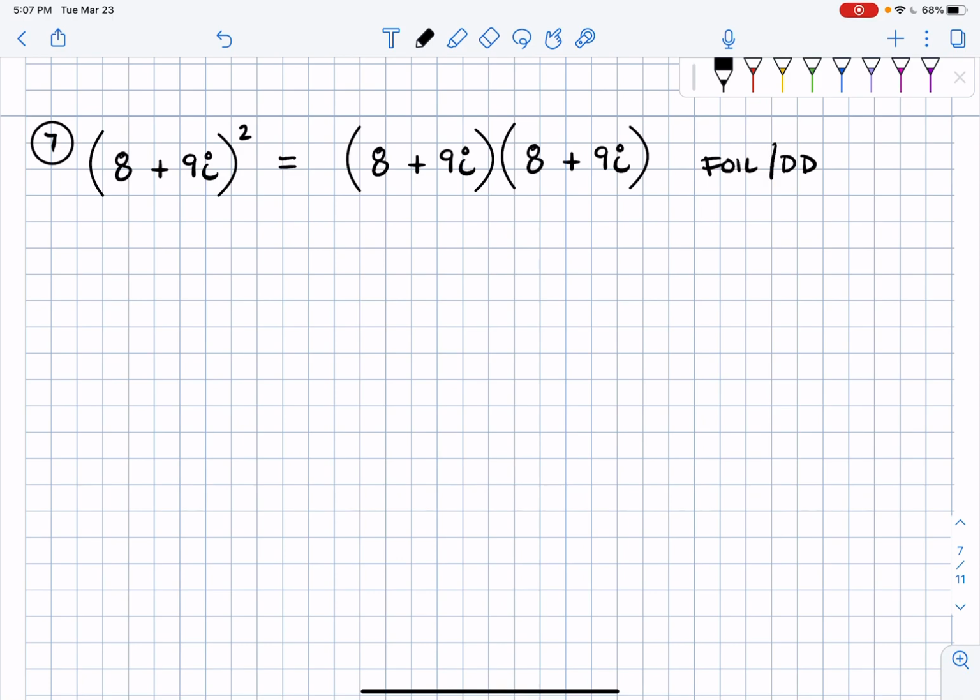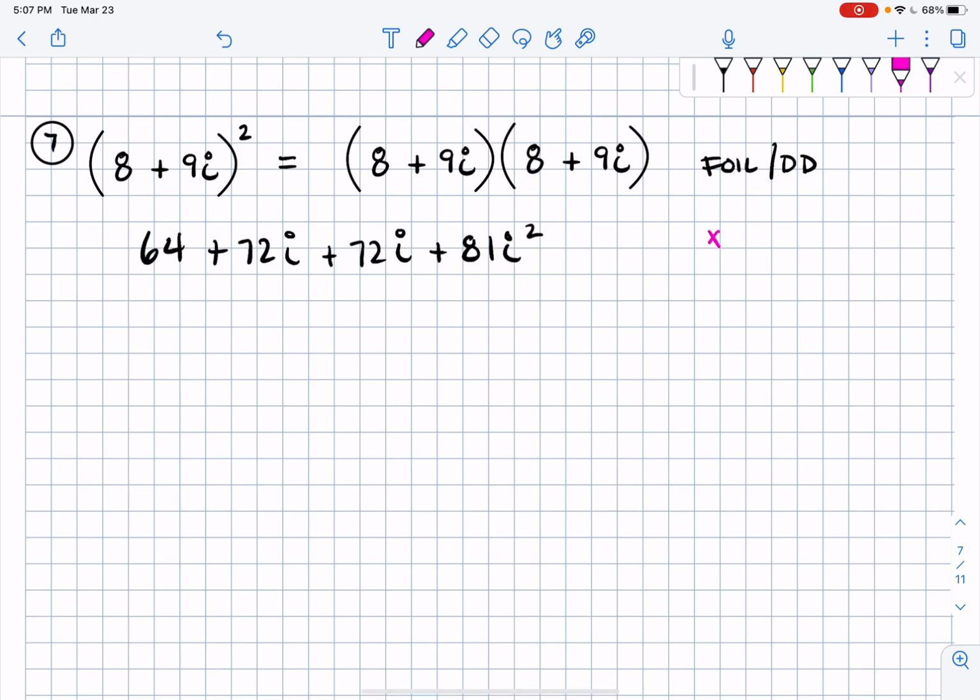So when I FOIL, I should get a 64 plus a 72i plus a 72i plus an 81i squared.